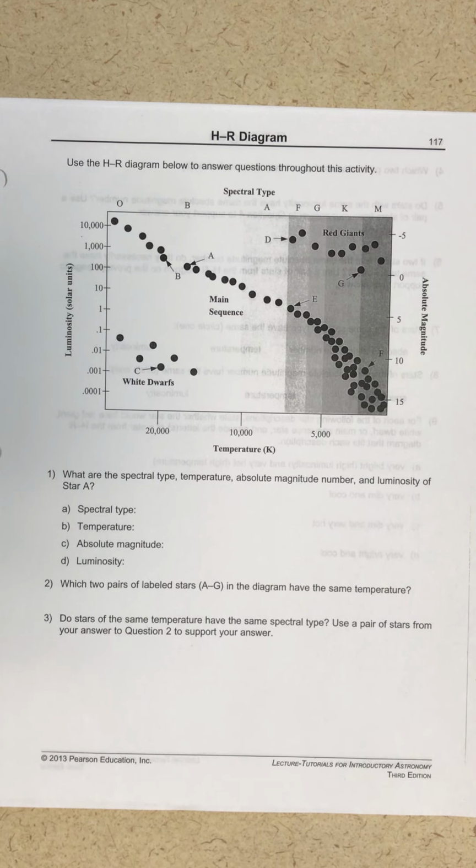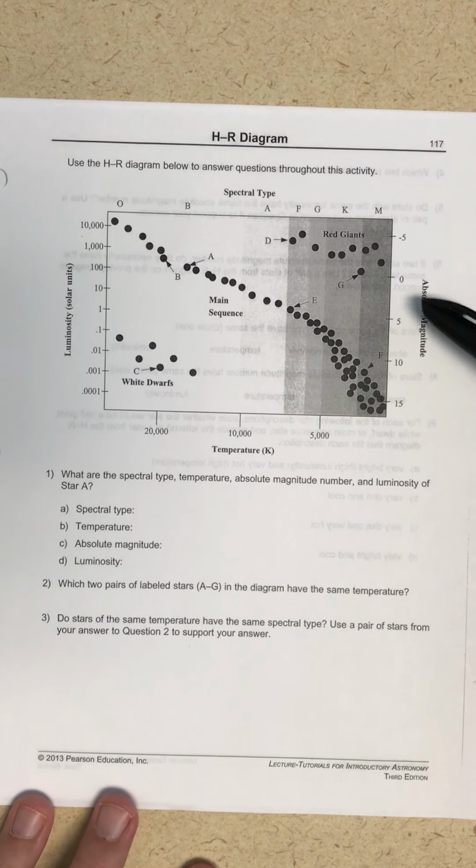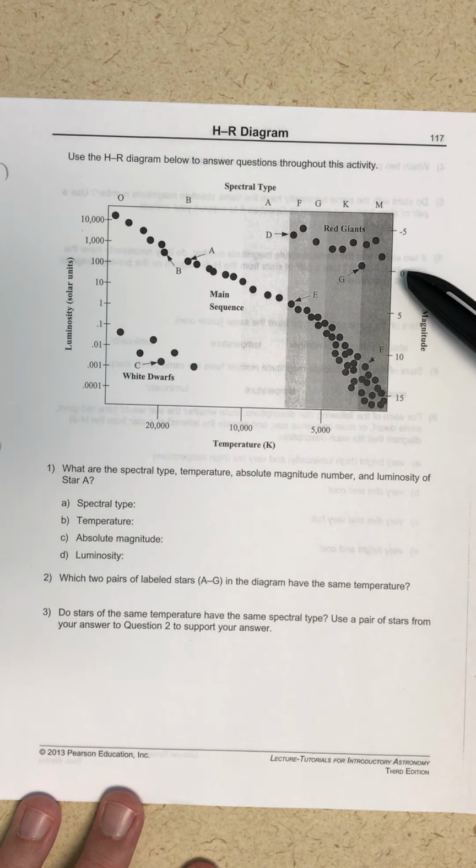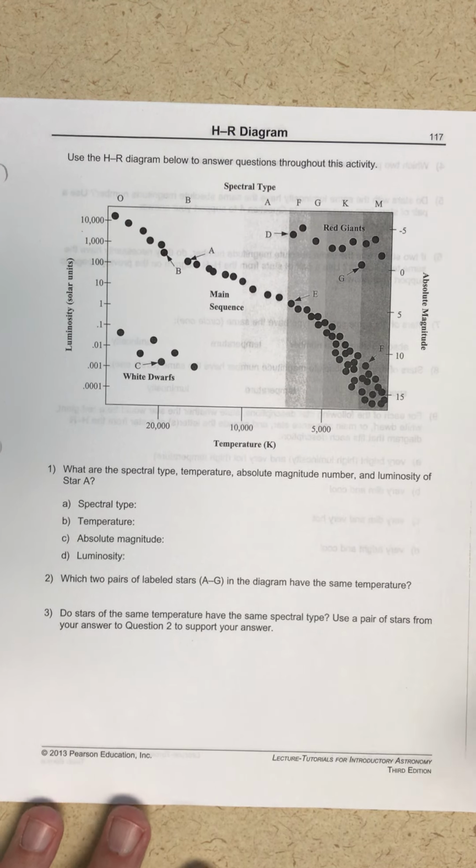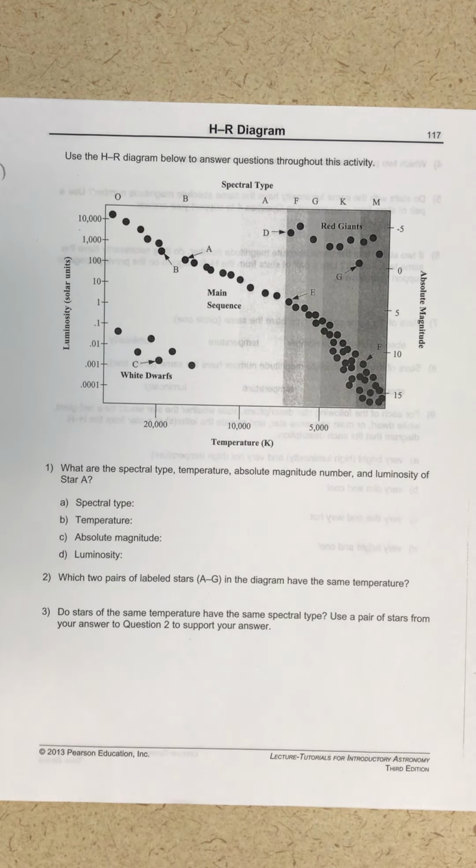It turns out that the human eye has a logarithmic response to input, and so when you're spacing them evenly in magnitude, in terms of luminosity, you're actually spacing them logarithmically. It's not all that important for the class, but just know that a smaller absolute magnitude corresponds to a brighter star. So we actually have objects in the sky with negative absolute magnitudes. Those would be brighter than anything with 0 or a positive absolute magnitude.